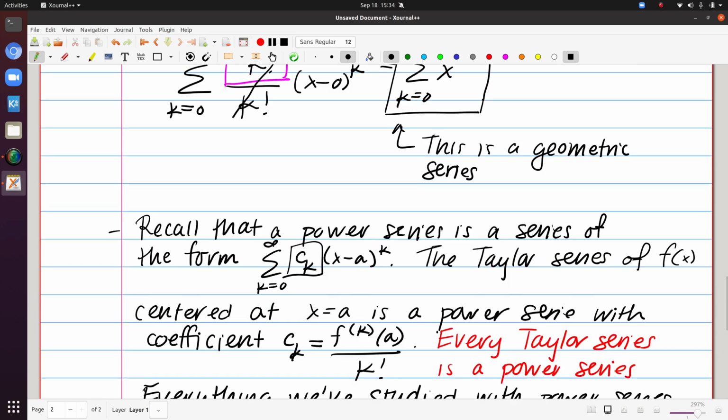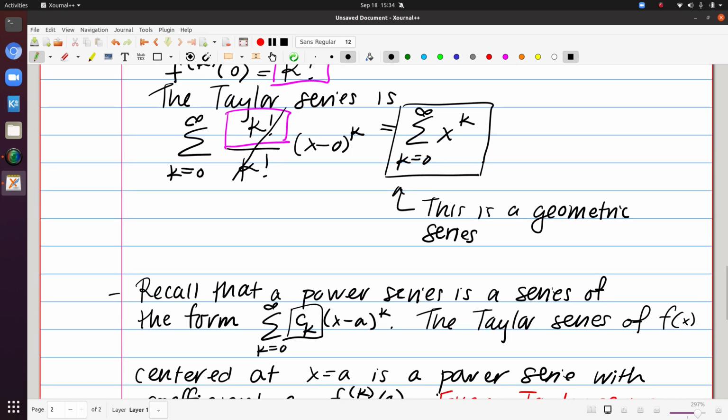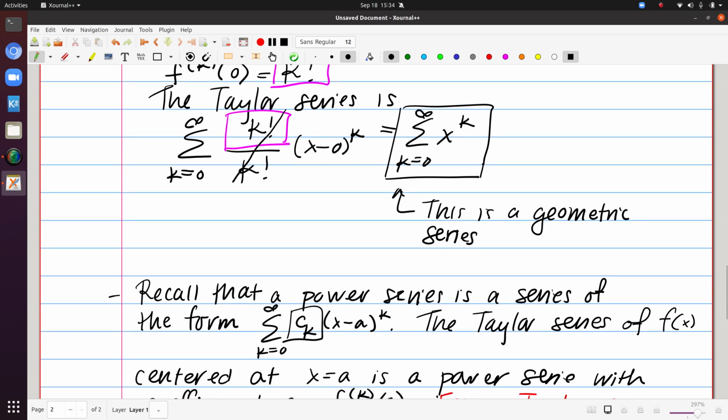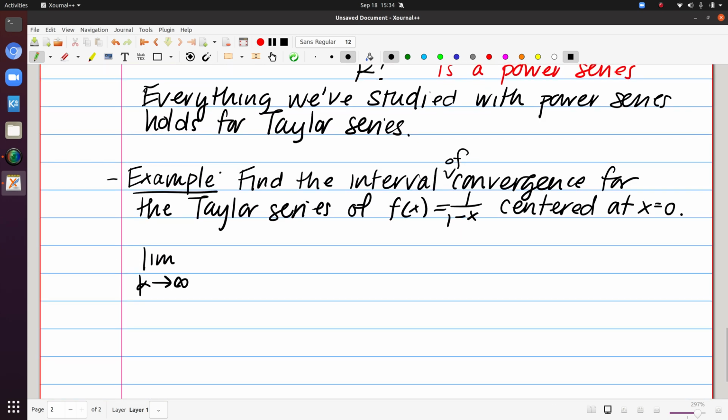So I have my series. Remember, it's just the sum from k equals 0 to infinity of x to the k. So the k plus first term would be x to the k plus 1, divided by the kth term, which is x to the k. This just simplifies to the limit as k approaches infinity of the absolute value of x.